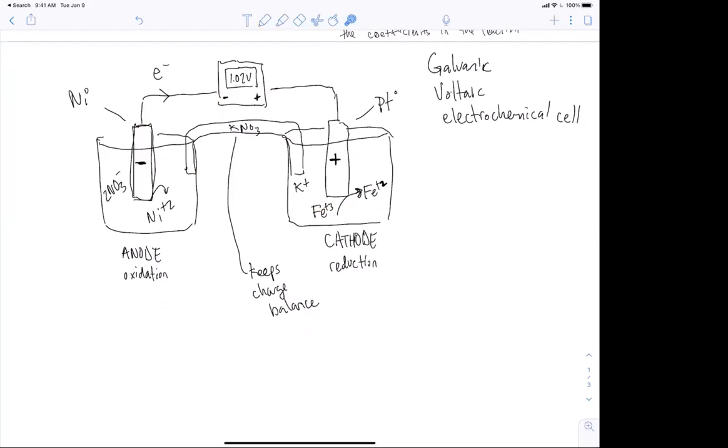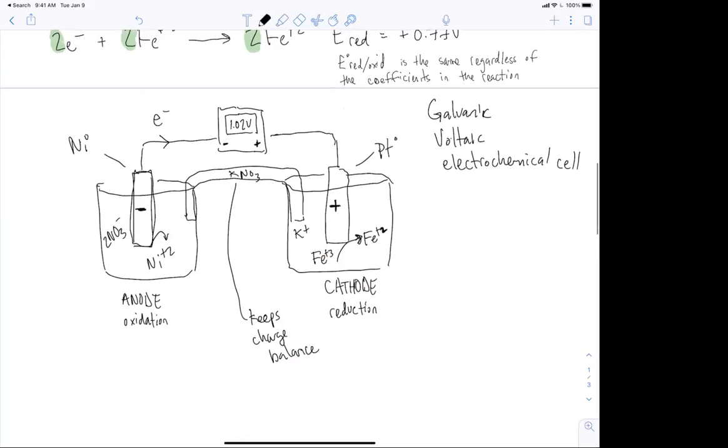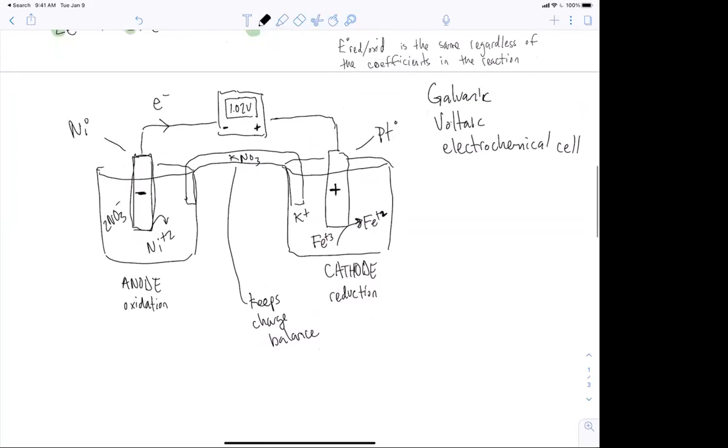All right, so in an electrolytic cell, this is mostly what we've been talking about. Let me write a quick definition down for these.